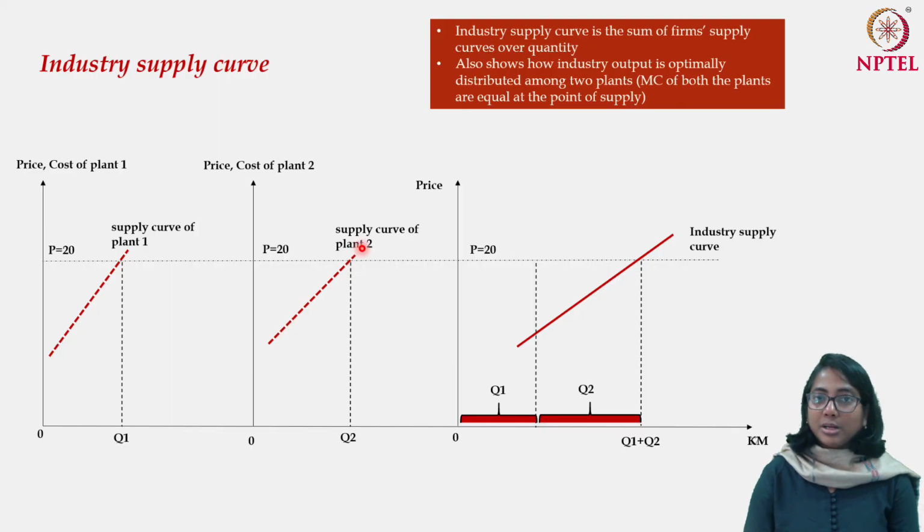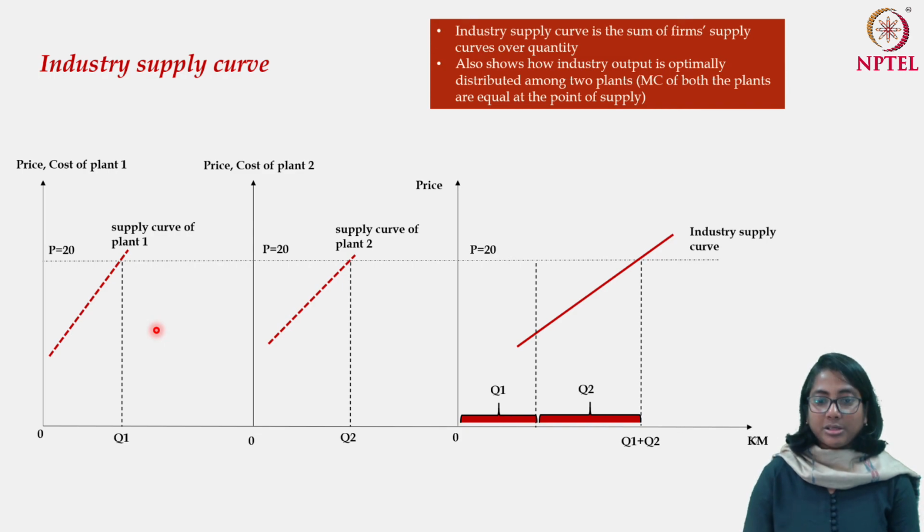If your marginal cost curve is flatter, that means to produce one additional unit of output, you need less extra cost. So this is the more efficient plant from the perspective of marginal cost. And if you see here, Q2 is higher than Q1.